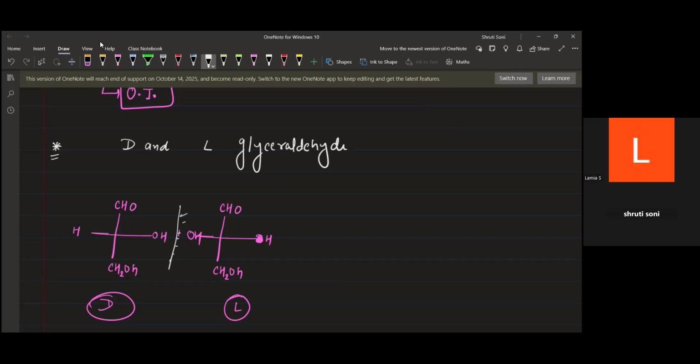So you can leave this question, because in this case you need to calculate the total number of stereoisomers. Stereoisomers can be geometrical and optical isomers. So on the basis of which type of organic compound shows geometrical and which shows optical isomers, you can identify stereoisomers. You don't need to calculate this one. You can leave the sixth question.